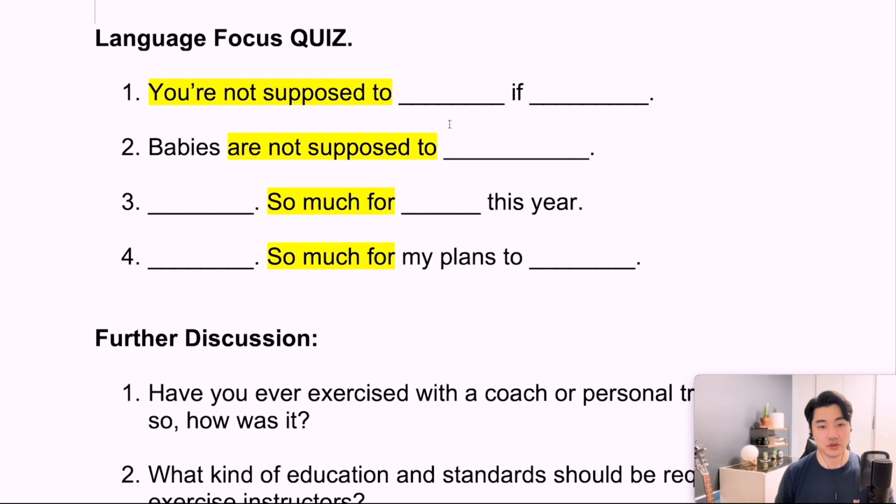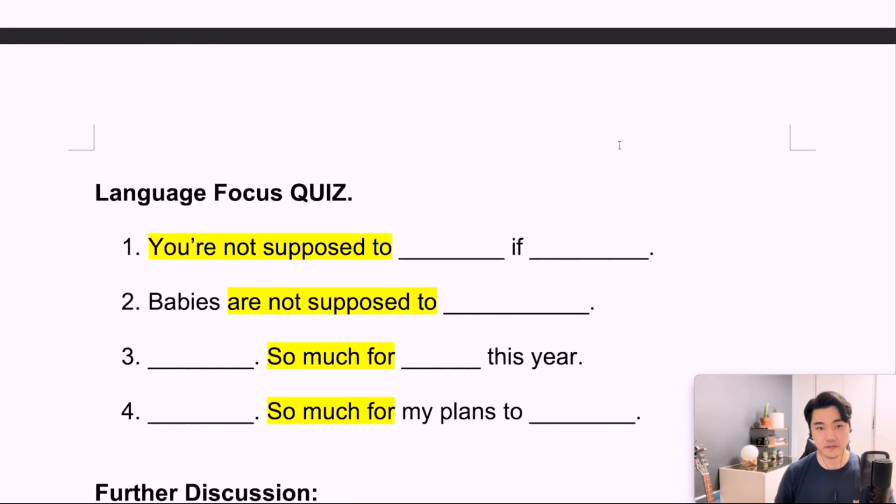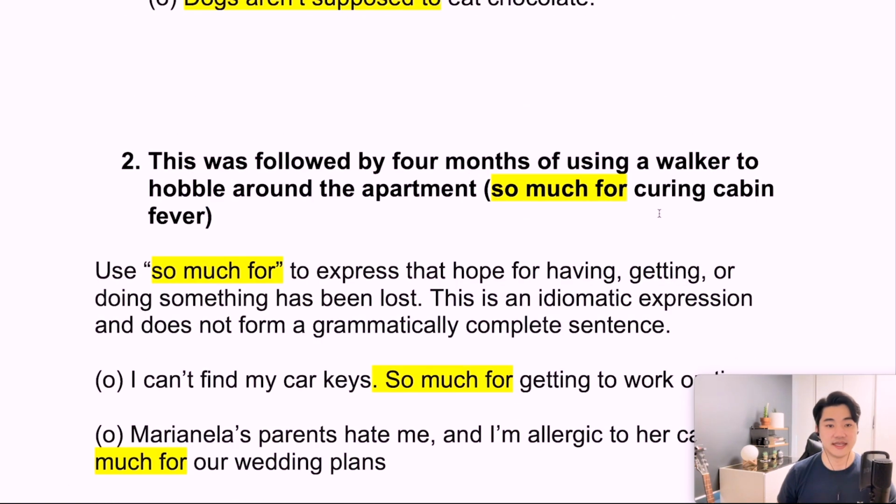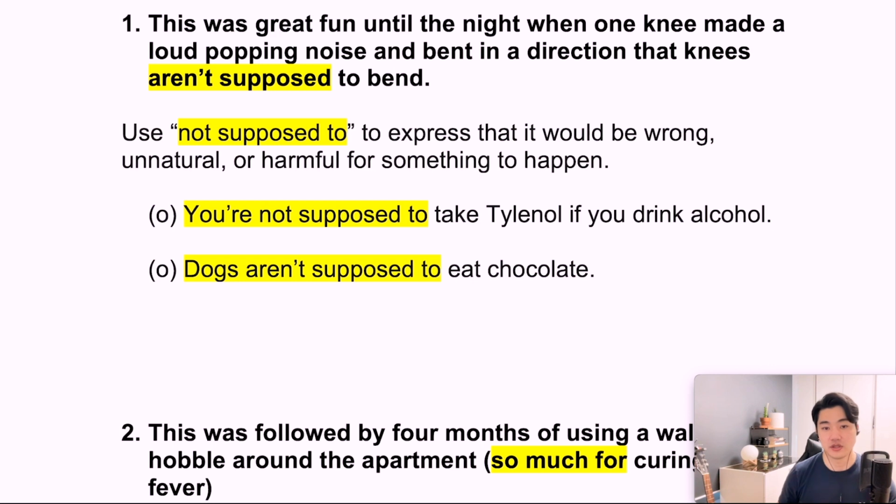Number 1. You're not supposed to, so if we scroll back up here, not supposed to is used when you want to say that you shouldn't do something. So the example sentence is you're not supposed to take Tylenol if you drink alcohol.